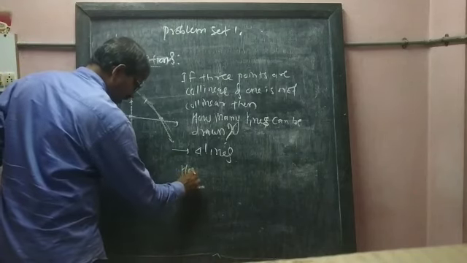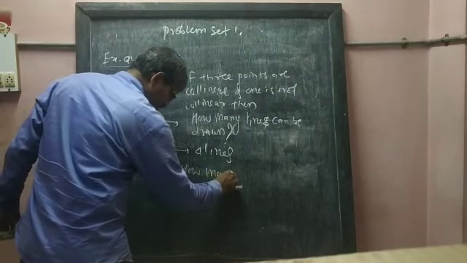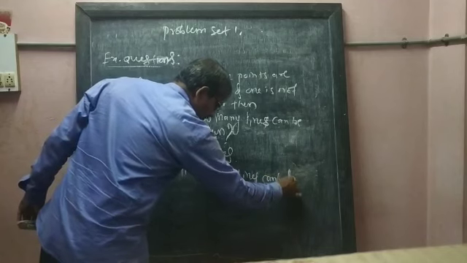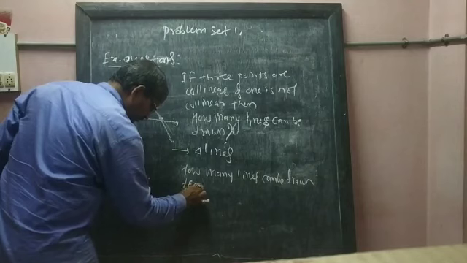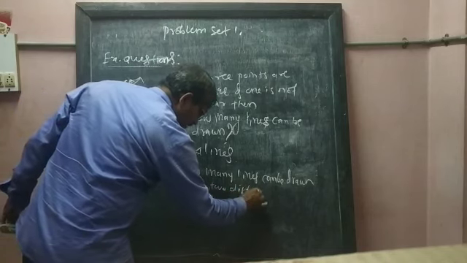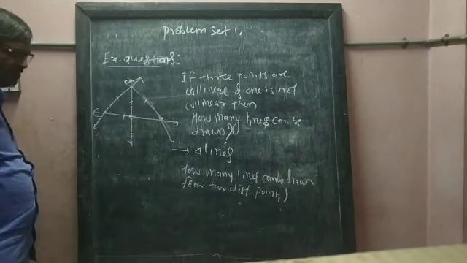If there are two distinct points, how many lines can be drawn from two distinct points? Is it not the same as the first one?